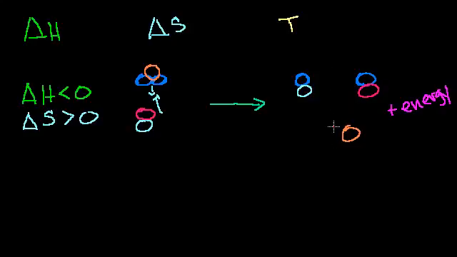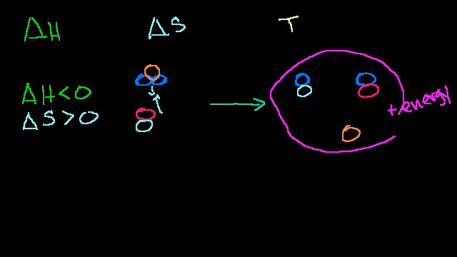Their electrons are in a lower potential state, so there's no enthalpic reason, or kind of an energy reason, for them to move in this direction. So I have the intuition that regardless of what the temperature is, we're going to favor this forward reaction. So I would say that this is probably spontaneous.